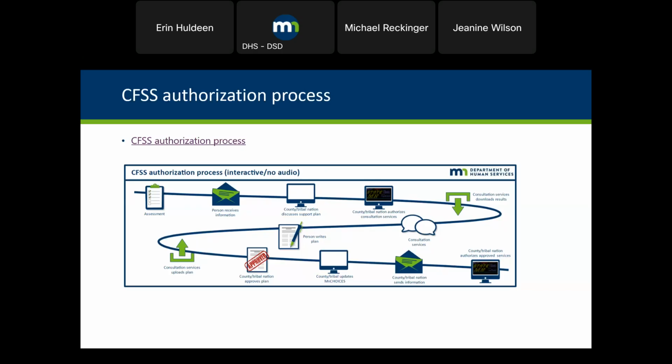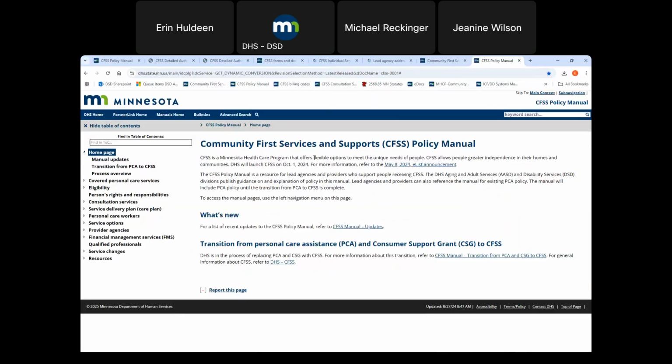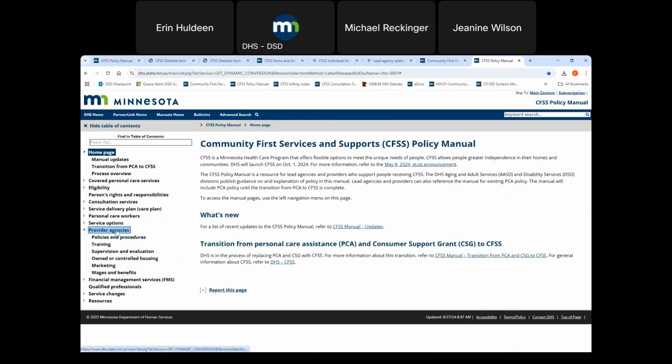And so even though you know the person, you need to follow the CFSS provider requirements for supervision and training. And if you're not familiar with what those are, again, I'd recommend going to our policy manual and looking at these provider agency pages to learn what those responsibilities are as a CFSS provider.